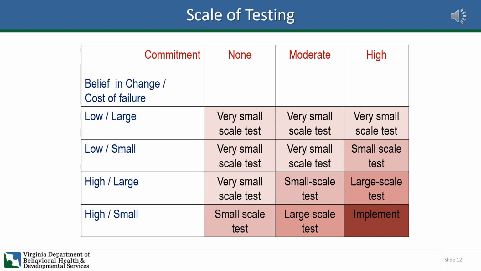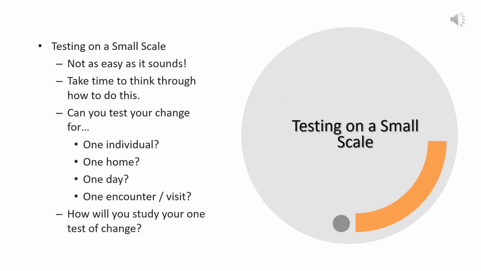So in those cases, you would still do a very small scale test to begin with. And as the commitment grows, you could grow your test to a larger and larger scale. So when you're using the PDSA cycles, you will likely land among testing on a small scale to begin with.